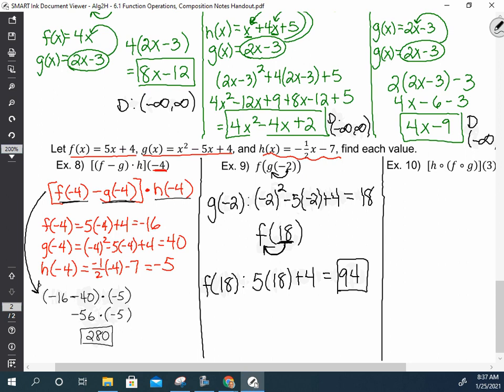Any questions with example 9? And it's not a hard problem. It is a problem that's going to force you to pay attention to what you're doing.